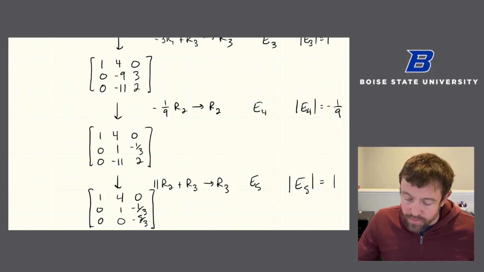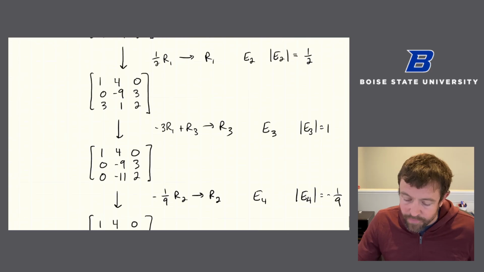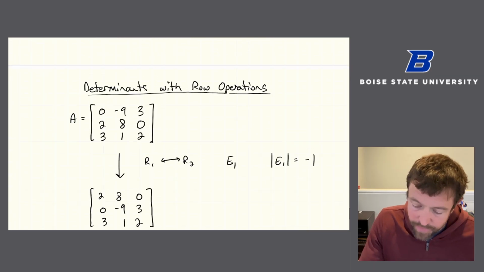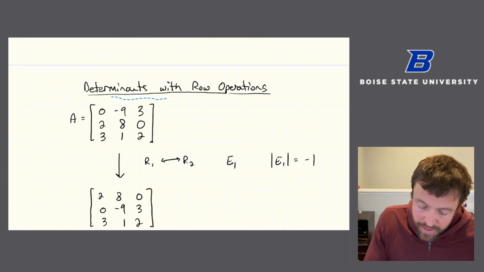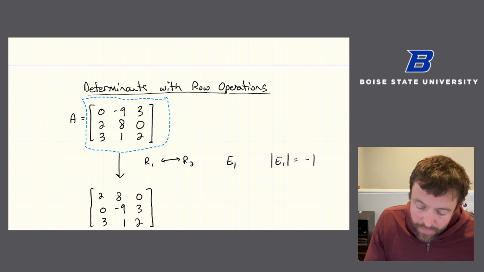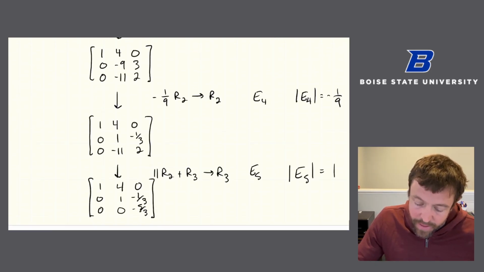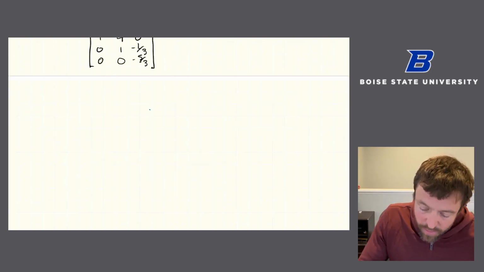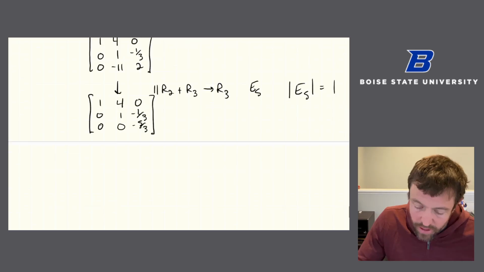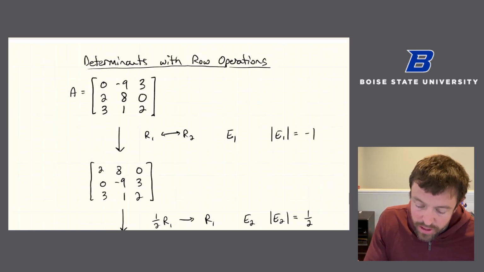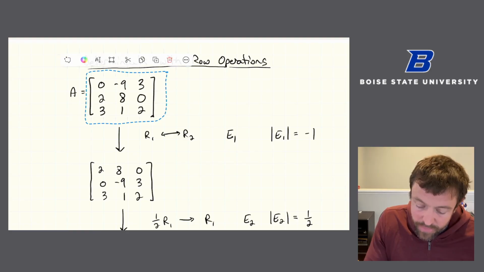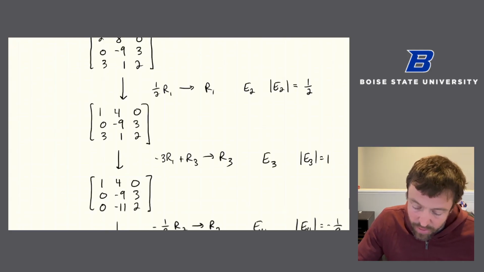What did I just do? I just took my matrix A. Let's copy it and paste it. And I performed row operations on that. We're thinking of row operations as left multiplication by a matrix that we know the determinant of.